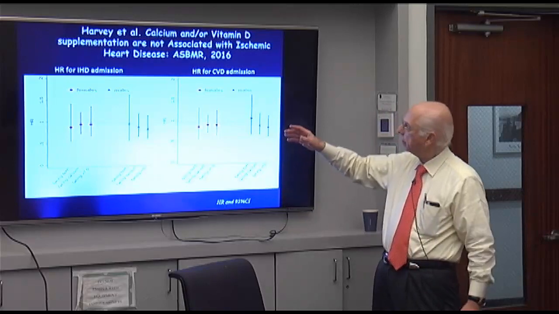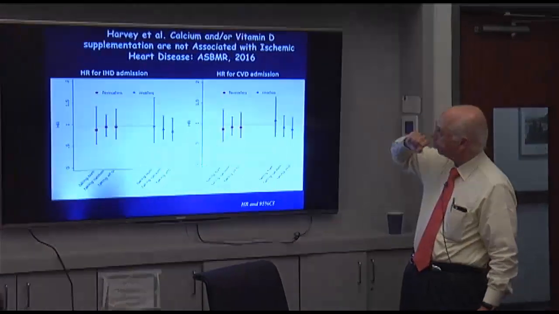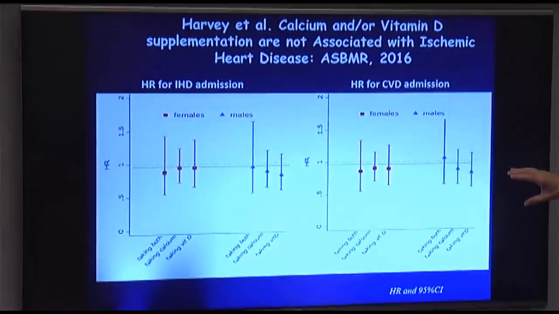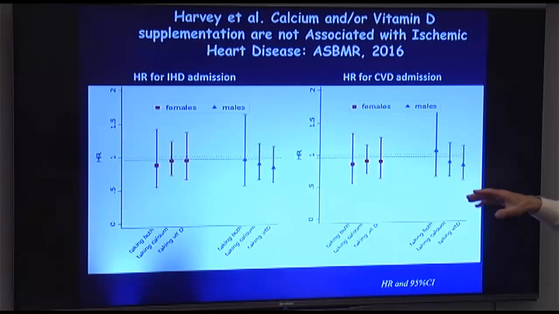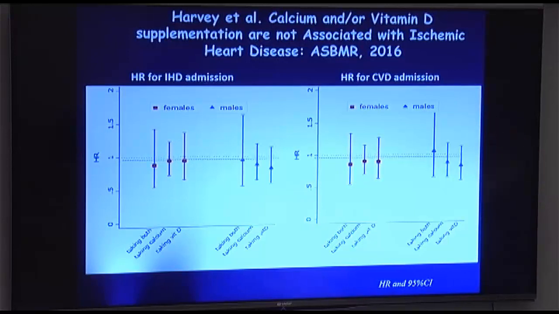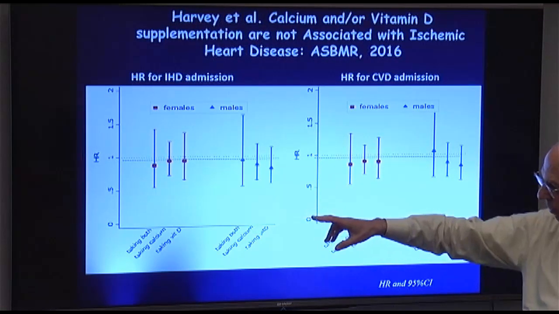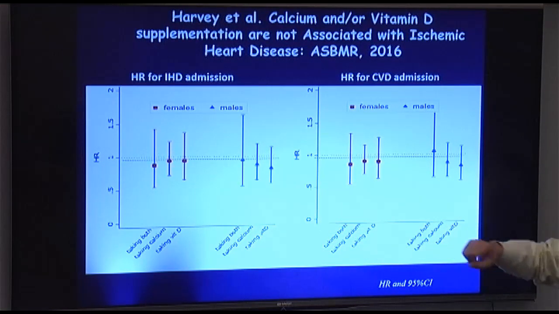In fact, a year and a half ago, Nick Harvey from the UK looked at women and men coming into the hospital, not for their bones, but for their heart. And it had to do with ischemic heart disease on the left or some other cardiovascular disease on the right. And as these people were coming in, they surveyed who was taking both calcium and D, taking calcium alone, taking D alone.